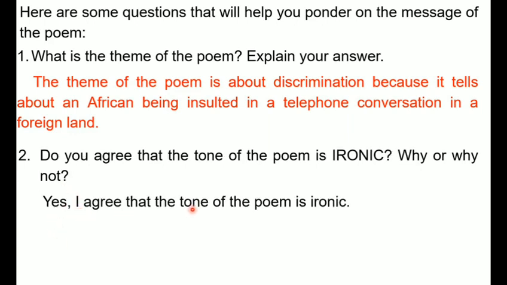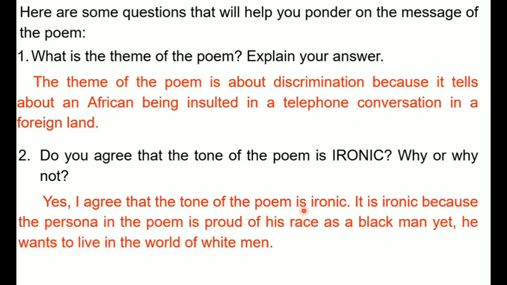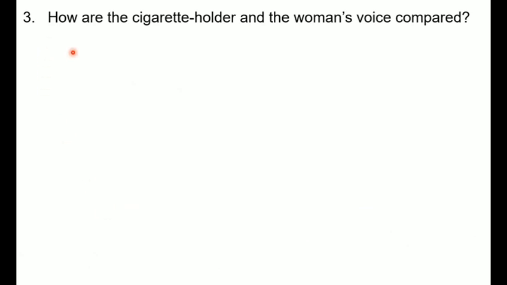Yes, I agree that the tone of the poem is ironic. Why? Okay. Answer. It is ironic because the persona in the poem is proud of his race as a black man, yet he wants to live in the world of white men. Okay, number 3.